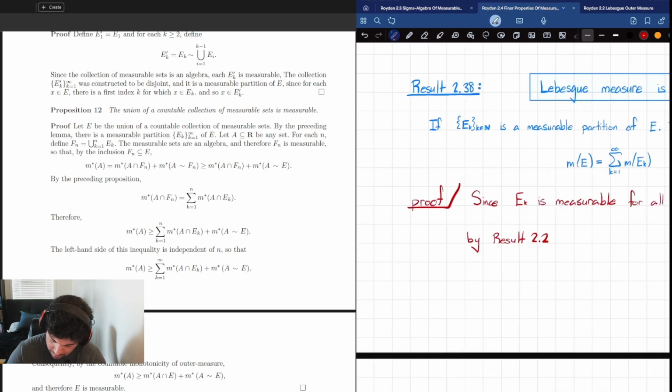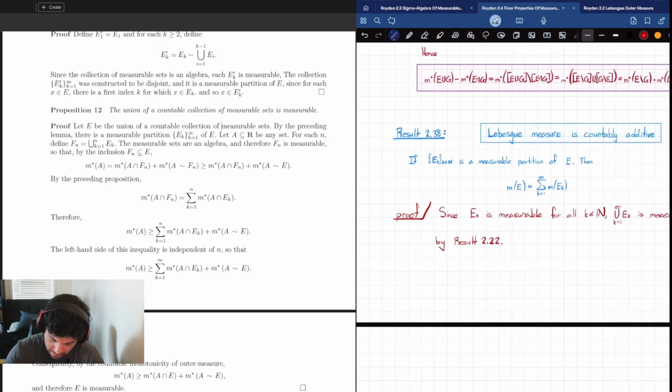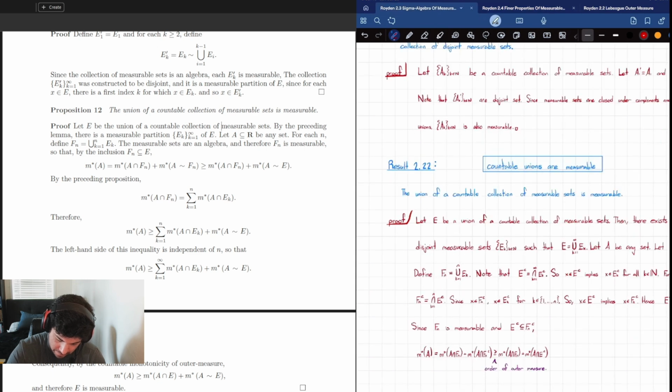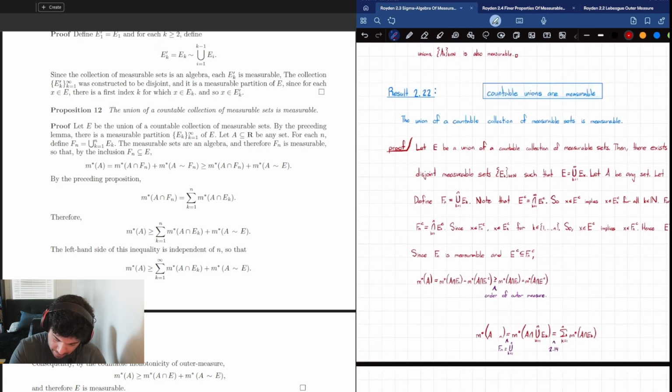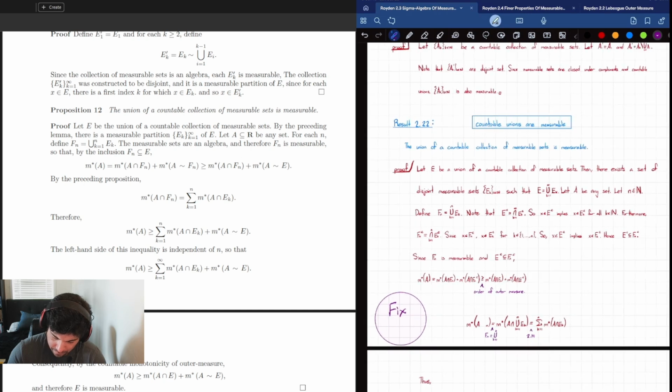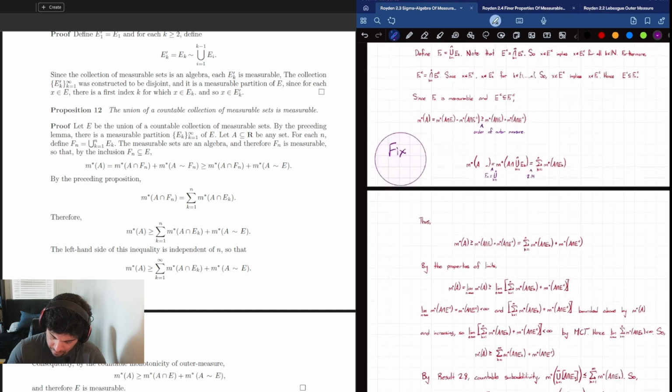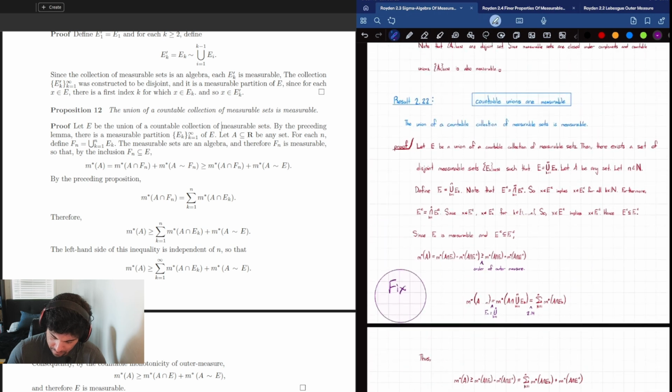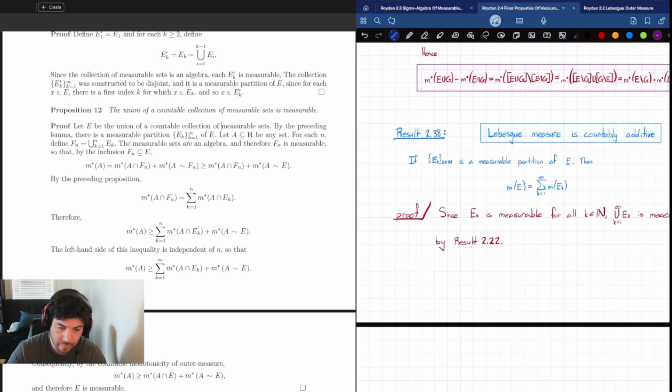2.22. Okay. Hate when this happens to my notes. Fix this. Okay.